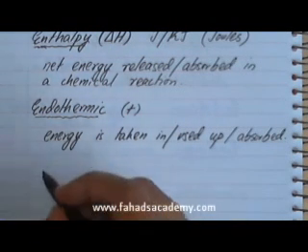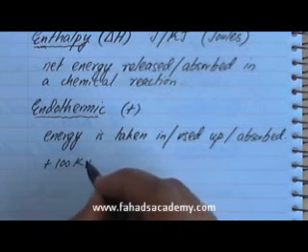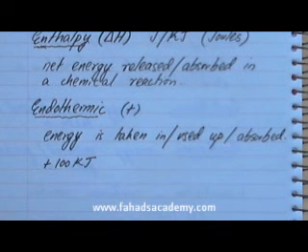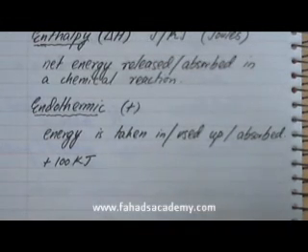So if the enthalpy of a reaction is written as plus 100 kilojoules, that means that 100 kilojoules of energy is being used up, taken in. There are many examples of such reactions.